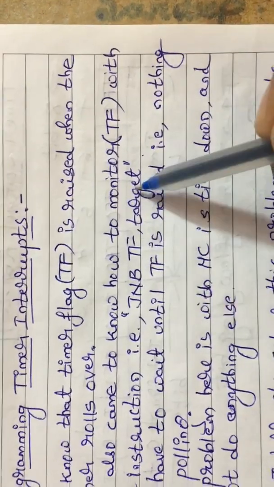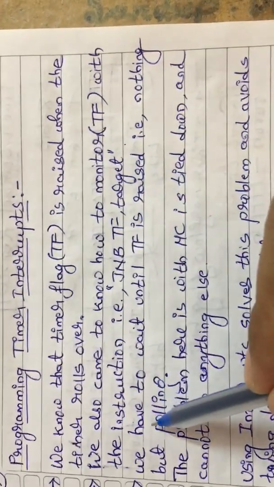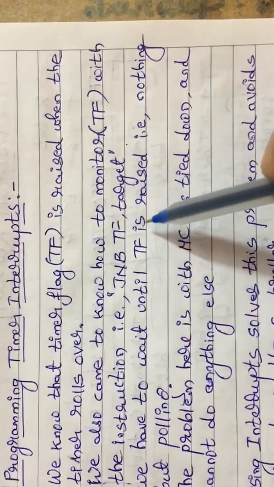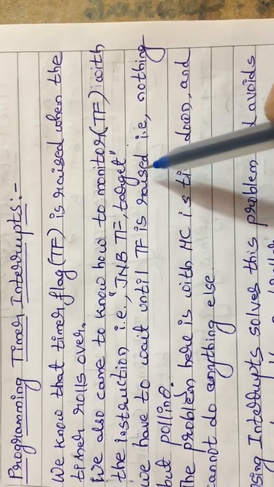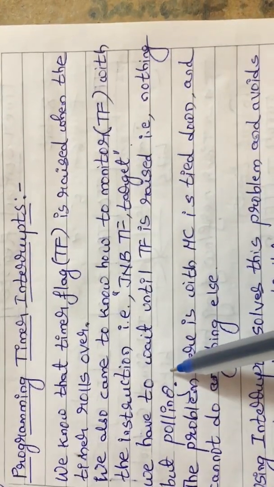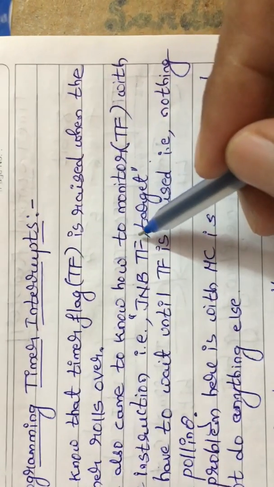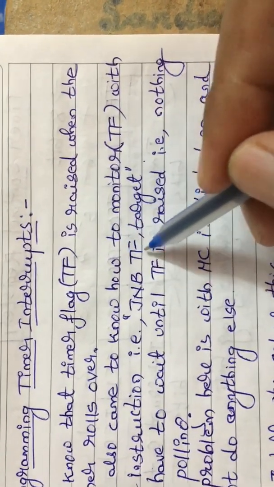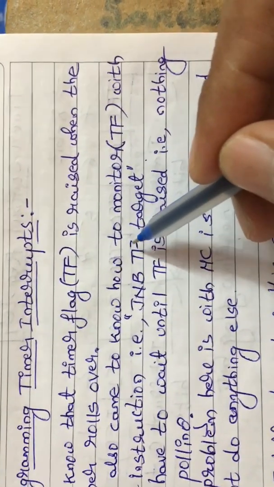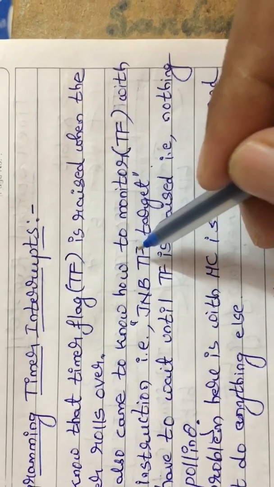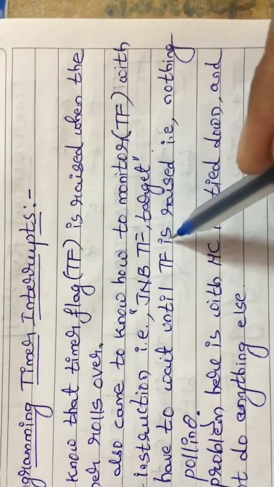So we check at what time TF will be equal to 1. We have to wait until TF is raised, which is nothing but polling. We need to check continuously until TF becomes 1, and then it comes out of that loop.